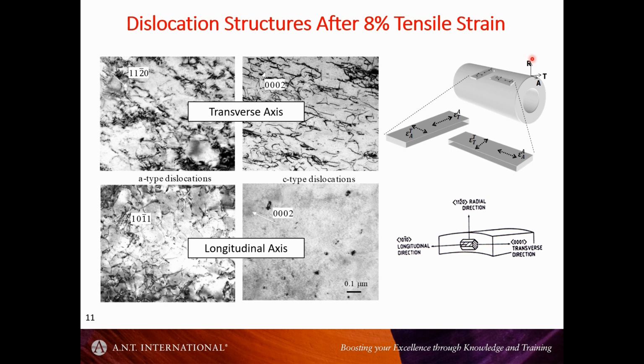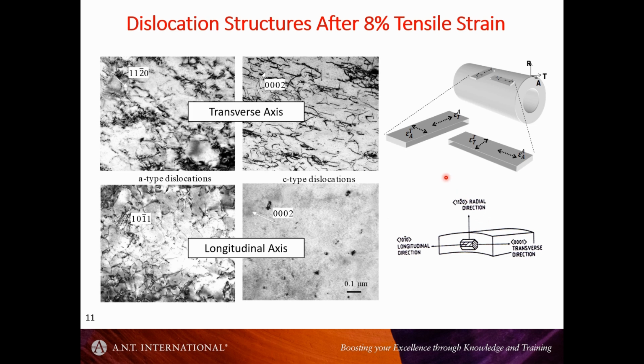The texture of the pressure tubing tends to be like this, where for the hexagonal unit cell you have a lot of basal poles aligned in the hoop direction of the tube.